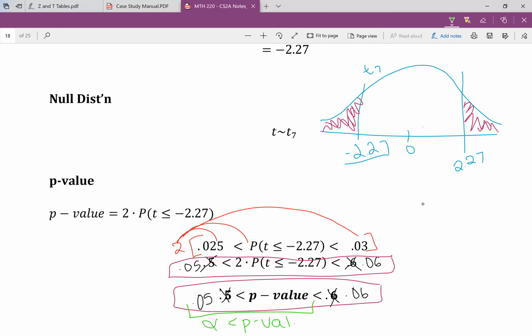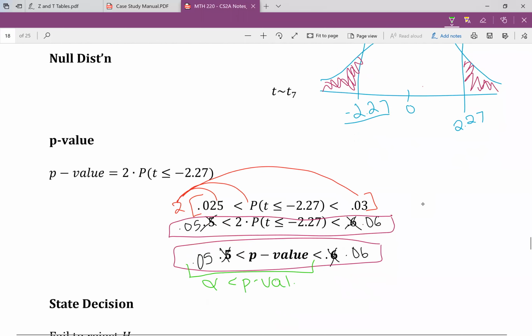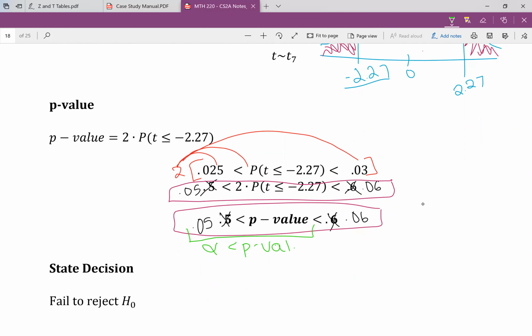So what decision do we make when our p-value is bigger than alpha? That's right, we fail to reject H0. So this last one was a good example where even if the alpha is involved in one of these two ends for your p-value statement, like it was here, that t-chart still gives us just enough information to be able to make a decision.